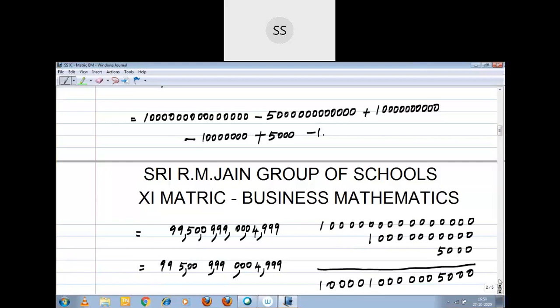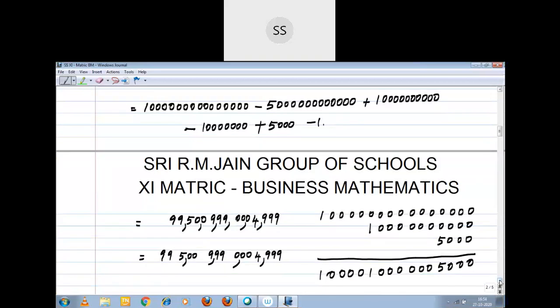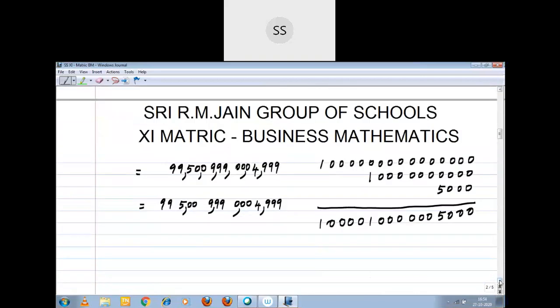Then how many zeros? 4 zeros. Now we are going to the negatives alone, you have to add it separately. Finally, you have to subtract. Got it, children?